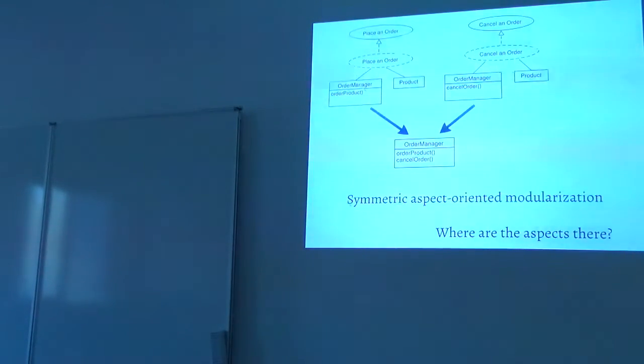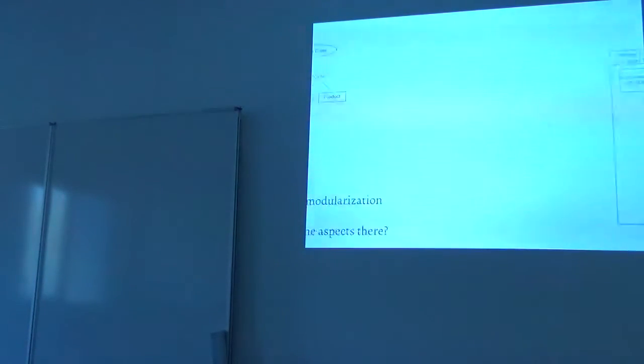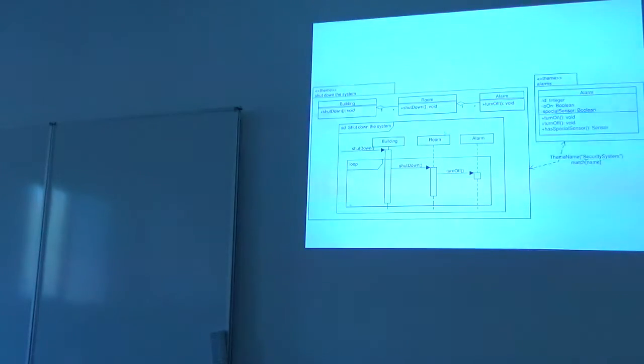We are not composing just order manager and order manager, we are composing also product and product, but these might be the same, or some other classes. And there might be some other classes that we also compose. Here we compose these two situations, and here we have this alarm class that has only one operation stated, and this one is quite richer.